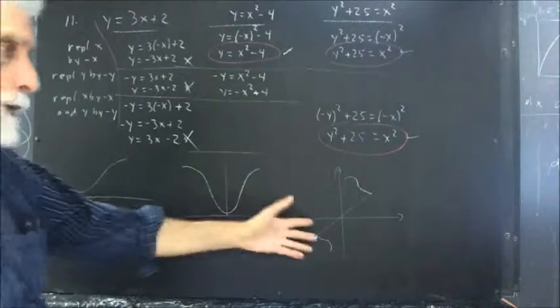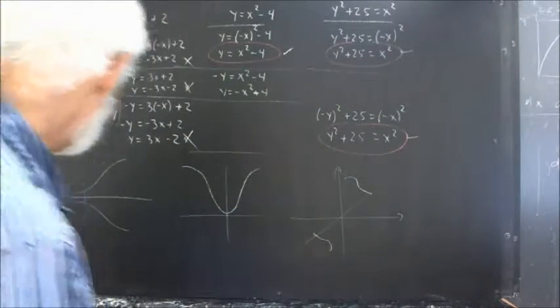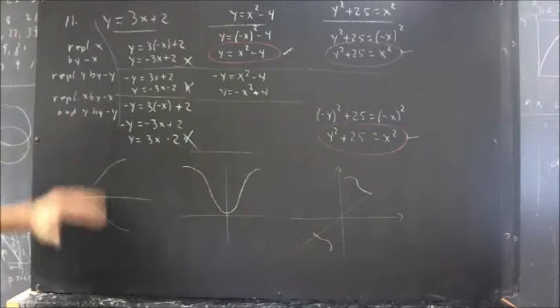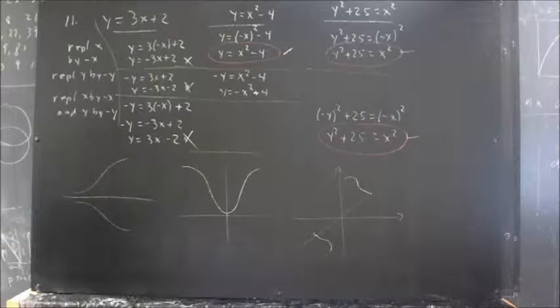Now these graphs don't represent the graphs of these functions, but this represents what happens when replacing x doesn't change the graph. You have symmetry with respect to the x-axis.